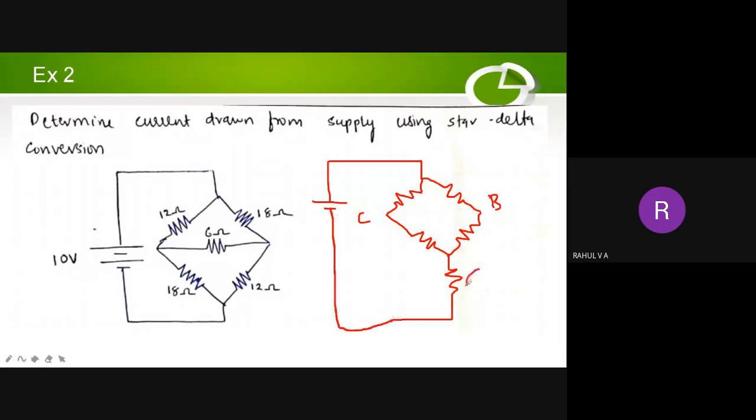So I think it is 6 ohm. How much did we get for B? 2. Okay. Sorry, B is actually 3. C is actually 2 ohm. The remaining two resistors are 12 and 18.